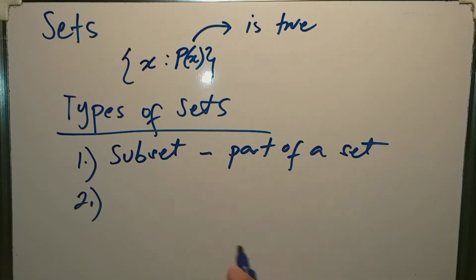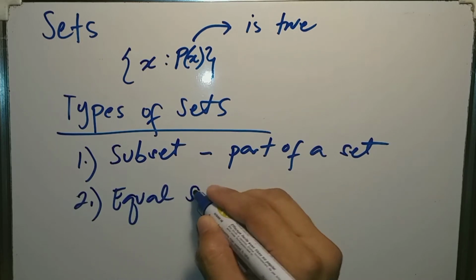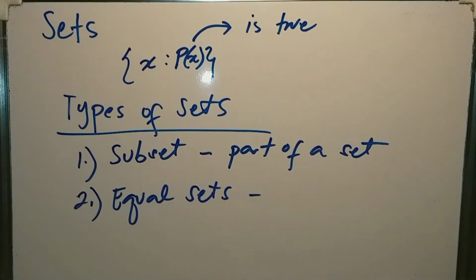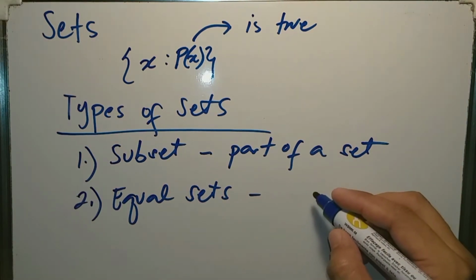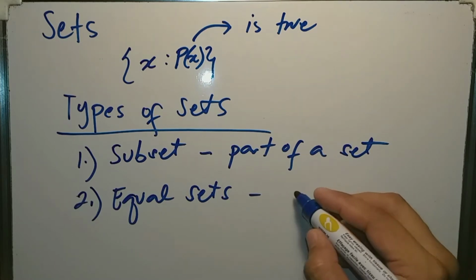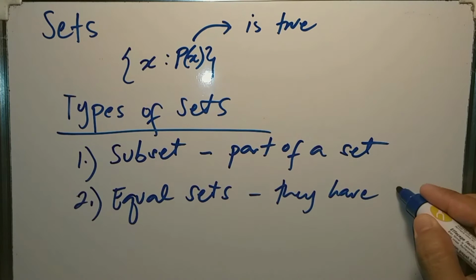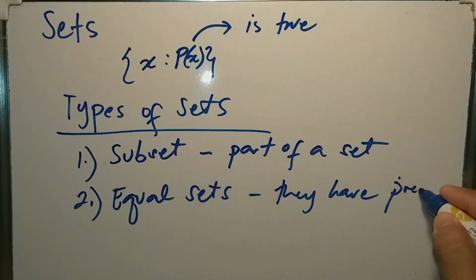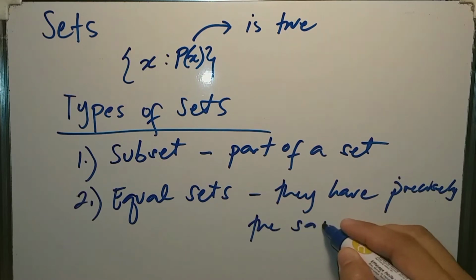Second, we also have equal sets. So equal sets, how do we know if they are equal? If they have precisely the same elements.